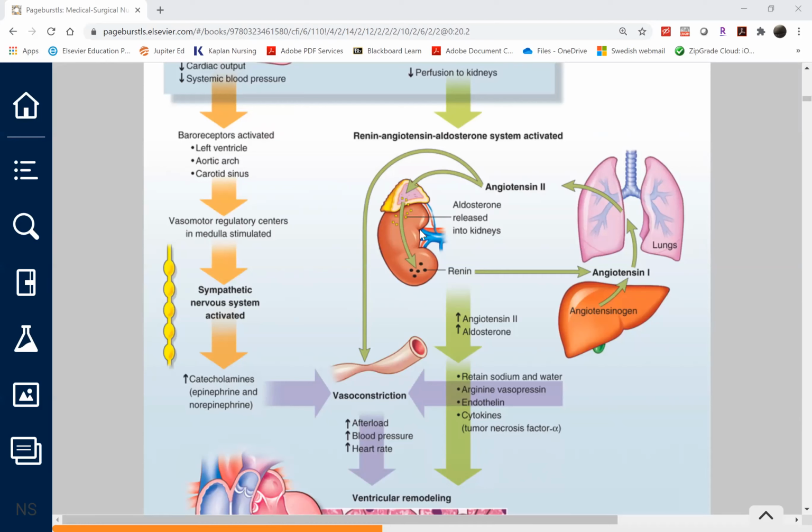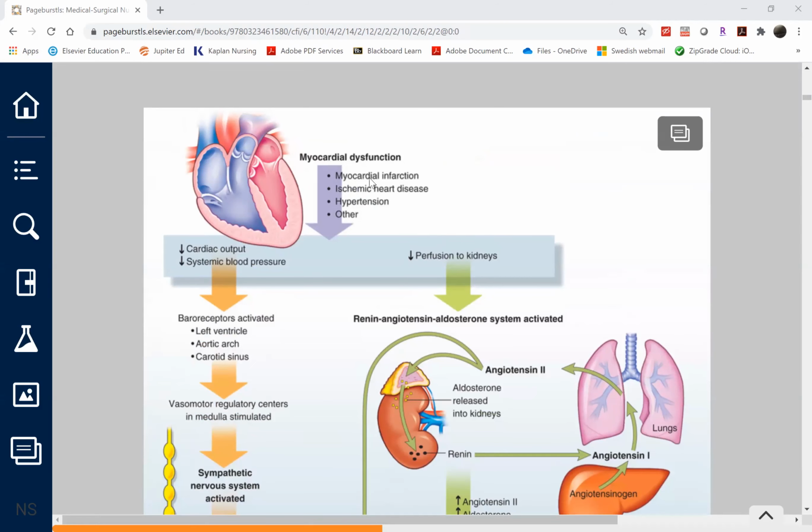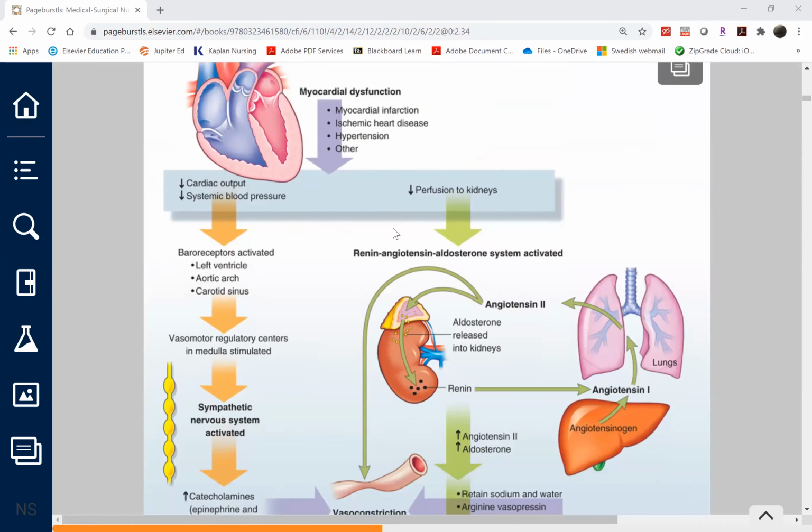It's increasing it. Afterload is increasing, preload is increasing. Are these two beneficial to a patient who is having low perfusion in the first place? No, this is not a very smart way to respond, but this is exactly how our body responds.